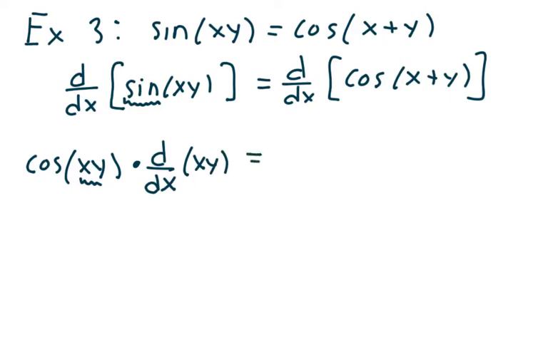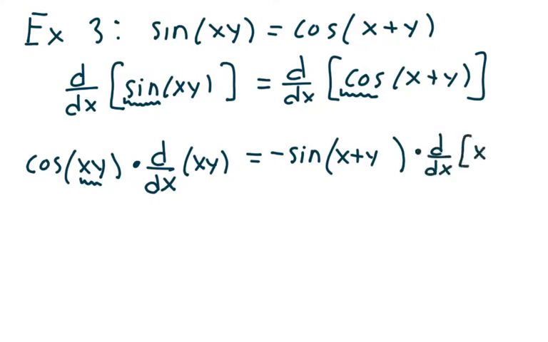Okay? And I'm going to set that equal to, now, the derivative of the cosine is negative sine. So I get negative sine of x plus y times d/dx, right, of x plus y.